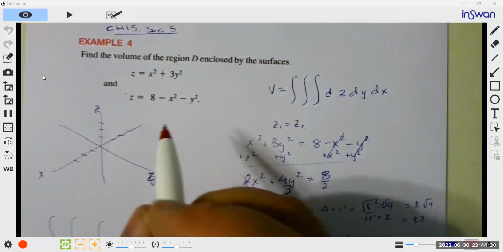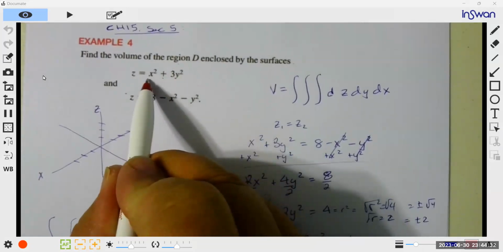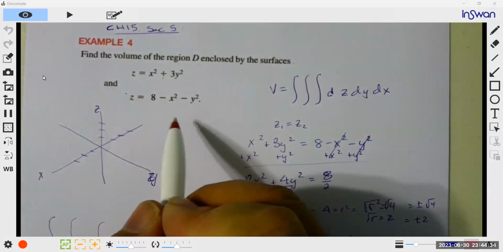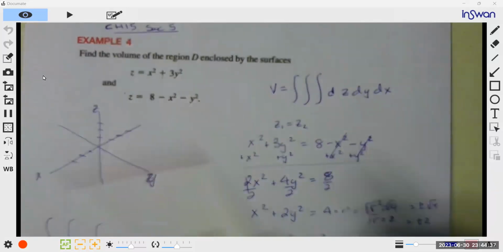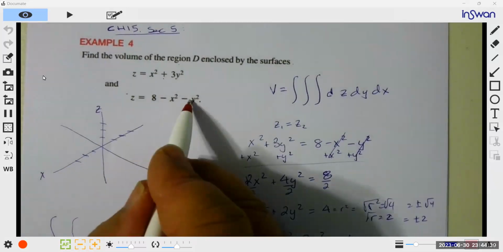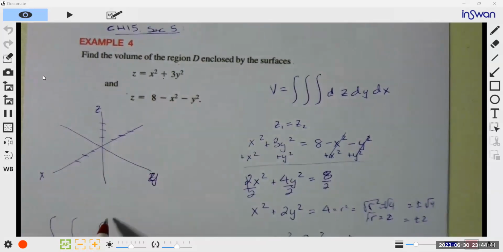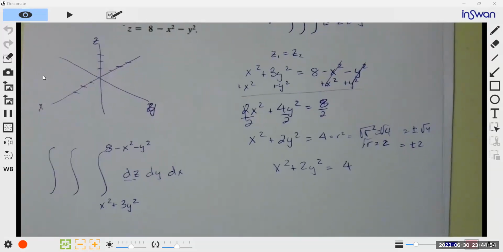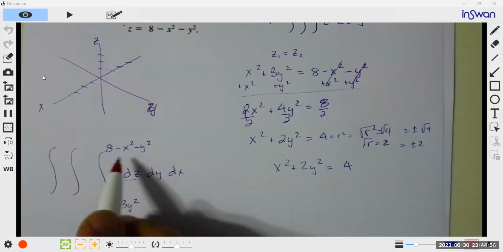That's z1 and z2. The easiest way to do it is if we set x and y both equal to 0, which one's on top? This one's on top, so it is our upper bound. And this is our lower bound. z has to be in terms of x and y.